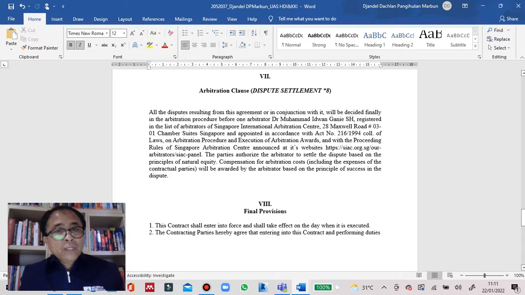The parties authorize the arbitrator to settle the dispute based on the principle of natural equity. Compensation for arbitration costs, including the expenses of the contracting parties, will be awarded by the arbitrator based on the principle of success in the dispute.